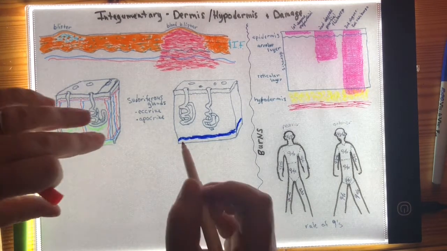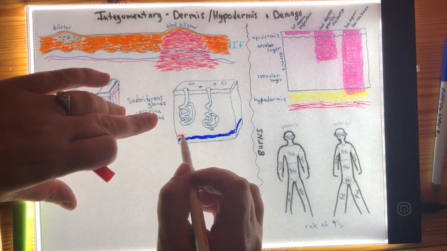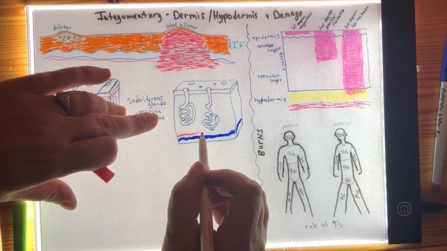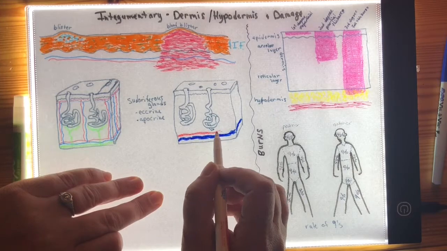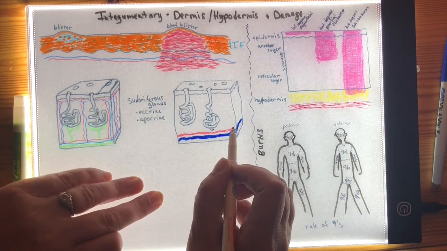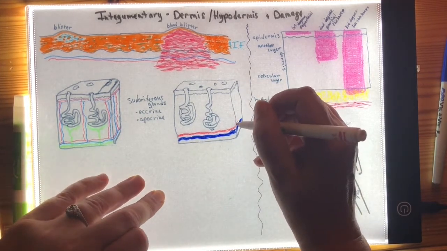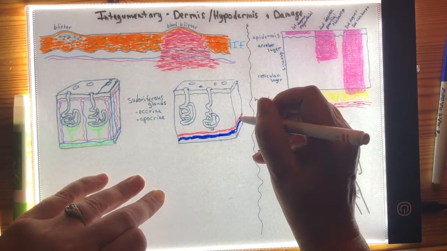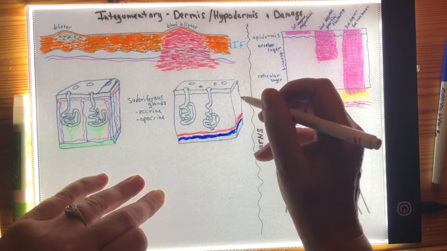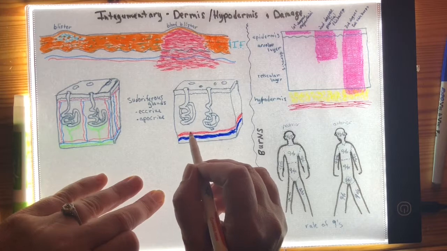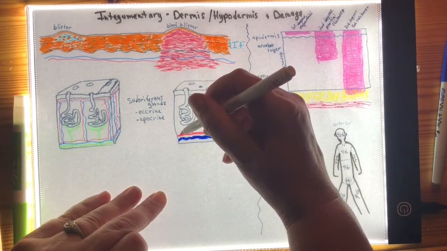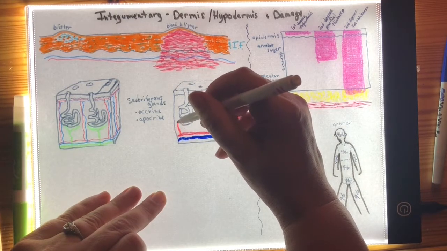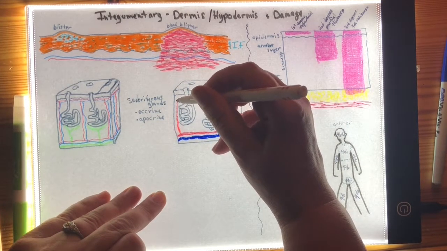But anyway, very thick arterioles, very thick venules, and what we're indicating is, on the left-hand side, an area of the skin that is cool or cold, and we're trying to preserve the heat inside of the core of our body. And we have a few different things that we're doing to do that, which I will point out to you. But it becomes much more obvious on the right-hand side when we actually draw what happens to the skin when you're warm and you're trying to release some of that heat.